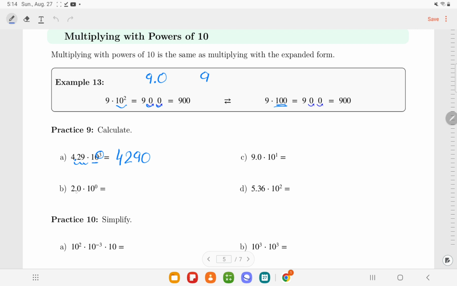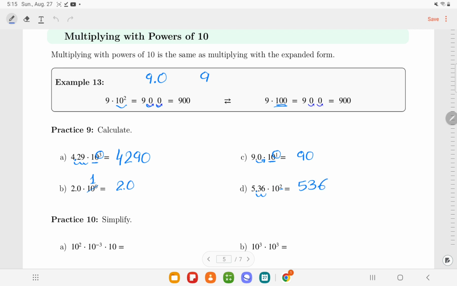If it's 2.0 times 10 to exponent 0, we know that 10 to exponent 0 is 1. Anything times 1 stays the same, so that's 2. And then 9.0 times 10, we move the point 1 place to the right, so we get 90. And here, times 100, we move this point 2 places to the right, so we get 536.